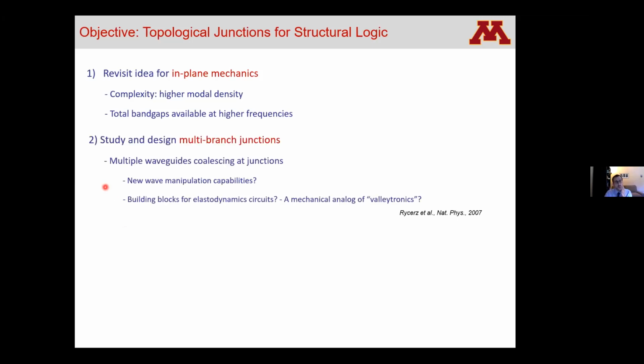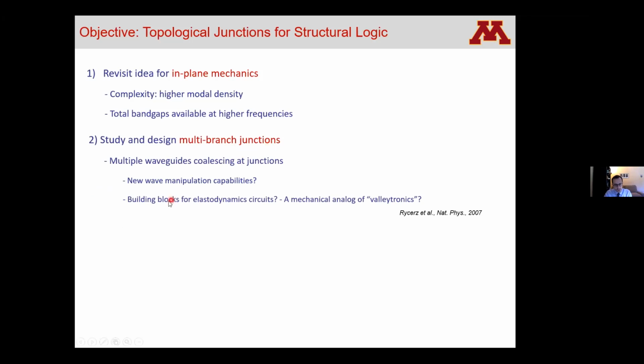But also, we don't want to study only interfaces, but we want to also study junctions. And by junctions, we mean points in the domain where I might have a multitude of interfaces that come together and coalesce. And the idea is to obtain some interesting logic from a mechanical standpoint using these different interfaces and letting them coalesce at junctions.